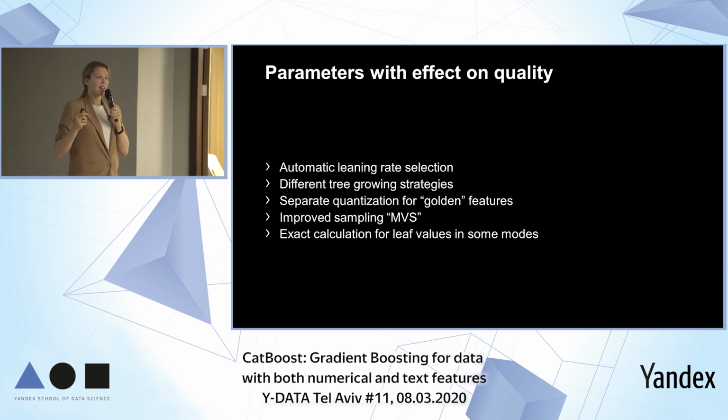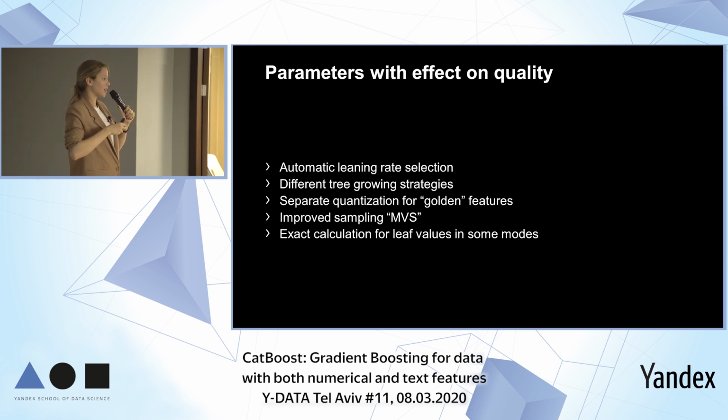We also have separate support for golden features. Sometimes you have one feature which is super important. That is a very good predictor of your label. And if you have this, then what you can do is say, for this particular feature, make a large quantization.